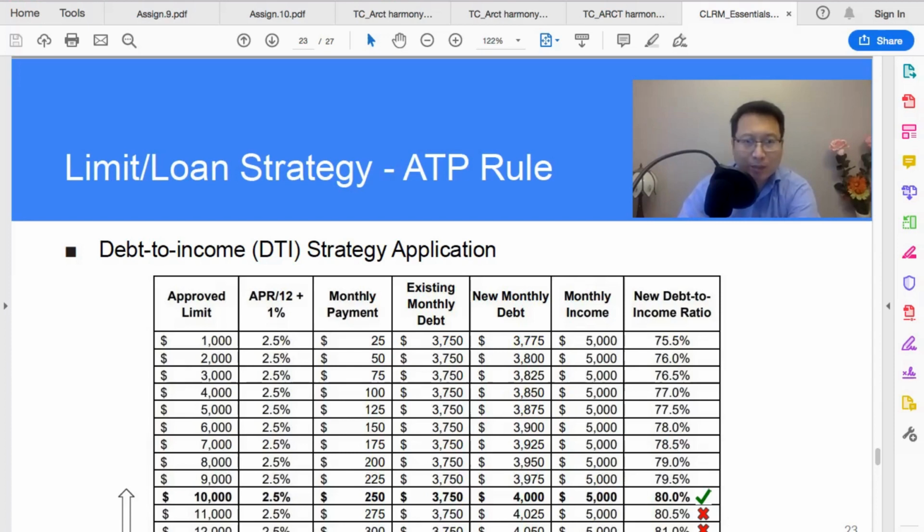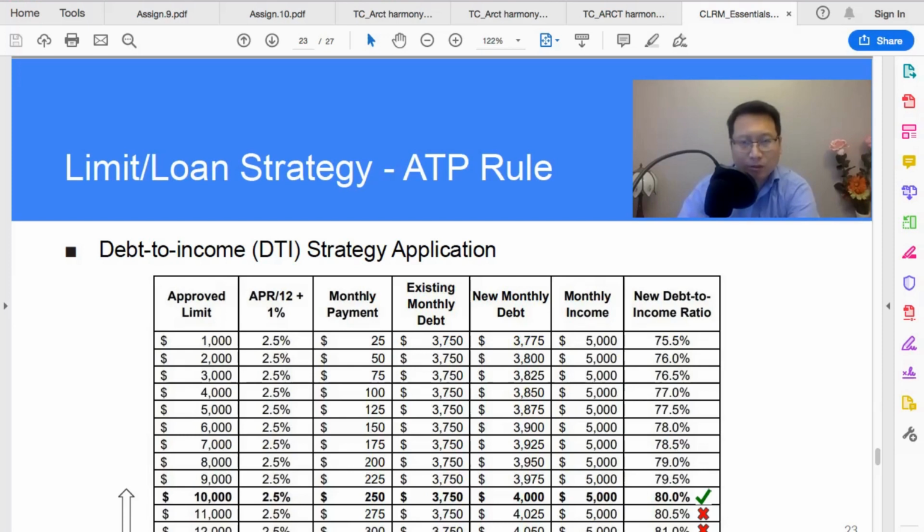Right, so monthly payment, $12,000 full limit utilized times 2.5%. You get $300 payment per month. Suppose existing monthly debt is $3,750. You add 300 on top of existing debt, you got the new debt, right? So that's $4,050 every month.